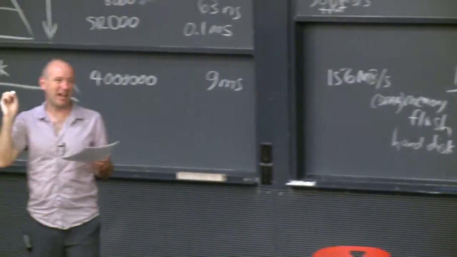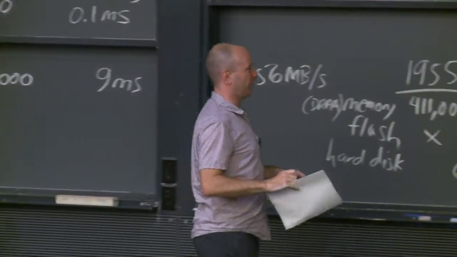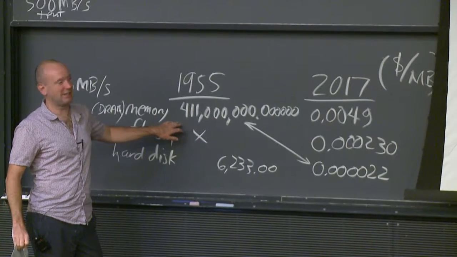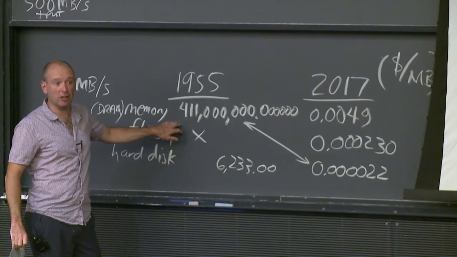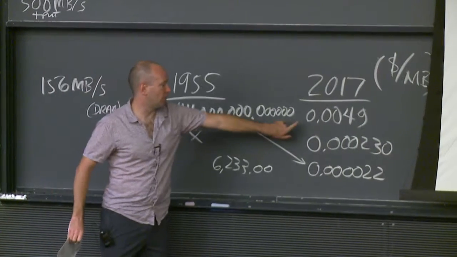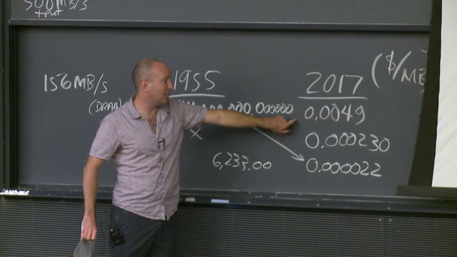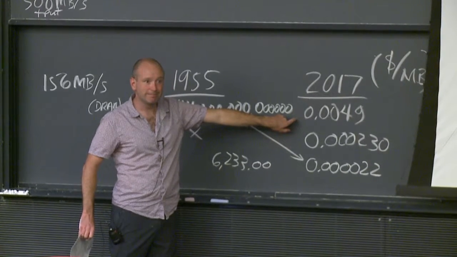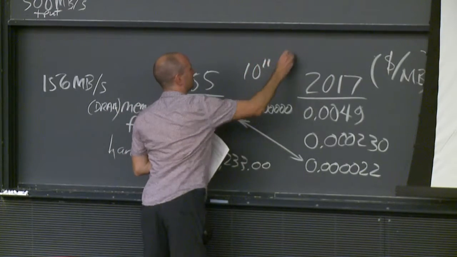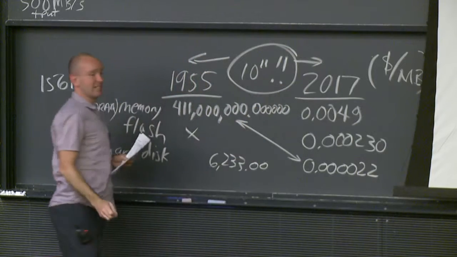It's a factor of 10 to the 13 cheaper now to store data on hard disk than it was to store data in memory in 1955, in constant dollars, so this is not accounting for inflation. Even this other number, although it is less, is still large. It's 10 to the 11, more or less. That's 1955 to 2017.